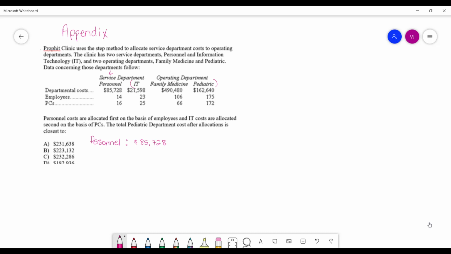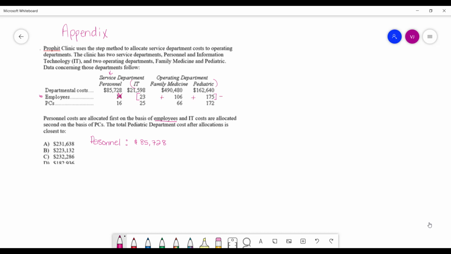So again, the first thing is you're going to dump that 85,728 not just into family medicine and pediatric, but into the remaining service department and those 2 operating departments, to those 3. So it looks like personnel costs are allocated first on the basis of employees. So that's the allocation base here. So we aren't concerned with the number of employees used by the personnel department, but we are concerned with the number of employees used by the 3 departments that I will be allocating that cost to.